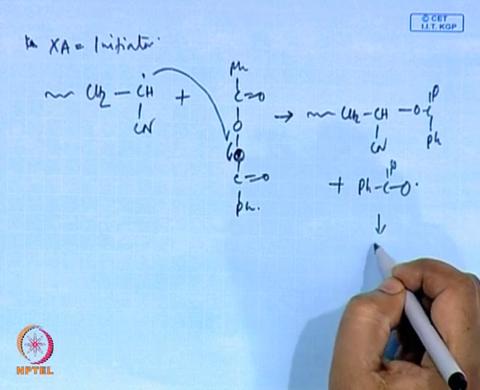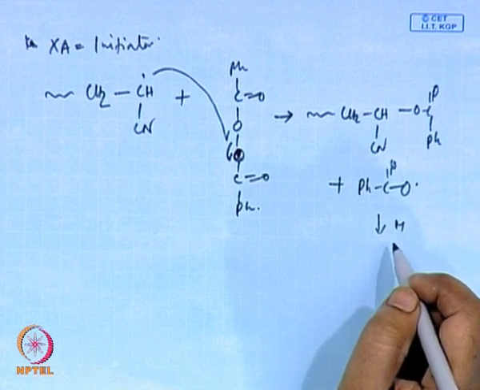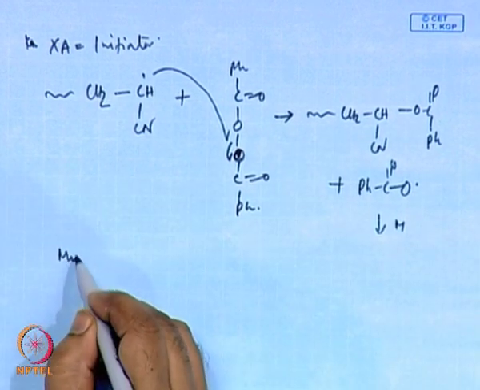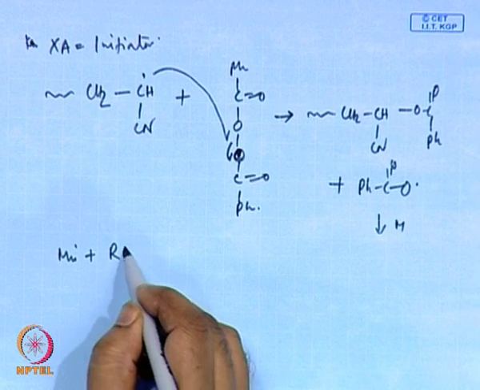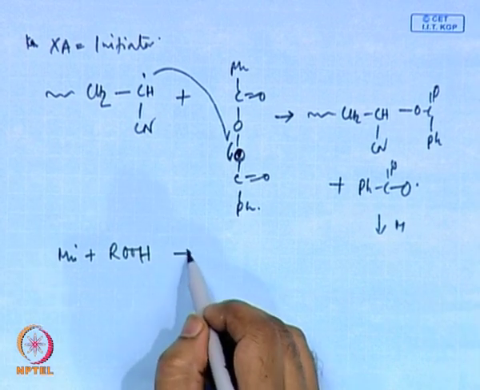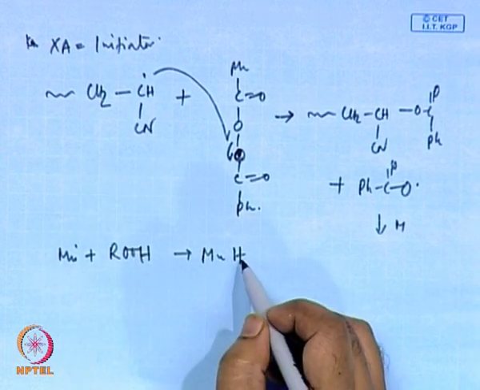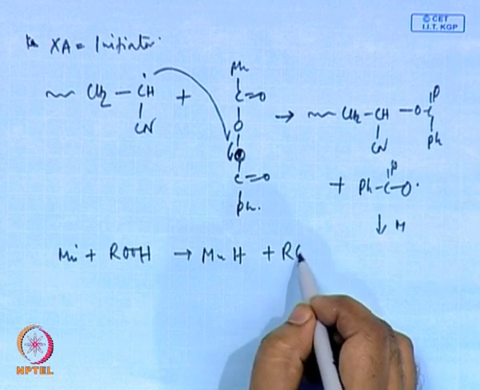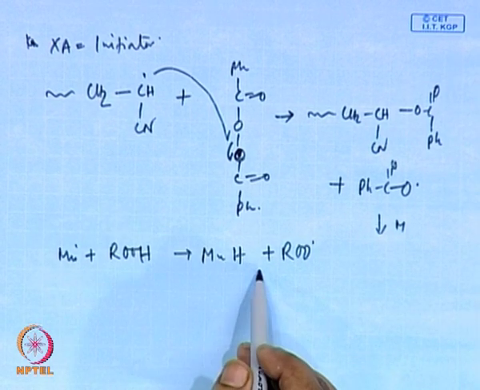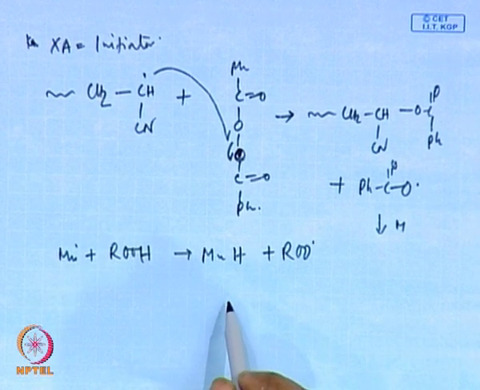Now this can again react with the monomer and initiate another kinetic chain. There could be some peroxides or hydroperoxides which, when they act as an initiator, also participate in chain transfer reaction, resulting in a decrease of molecular weight.